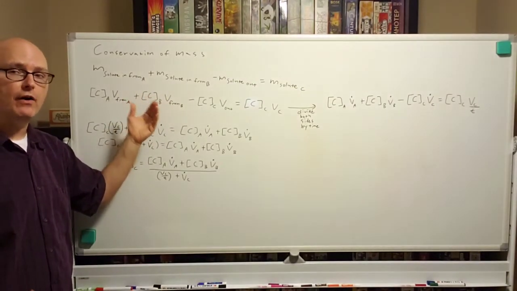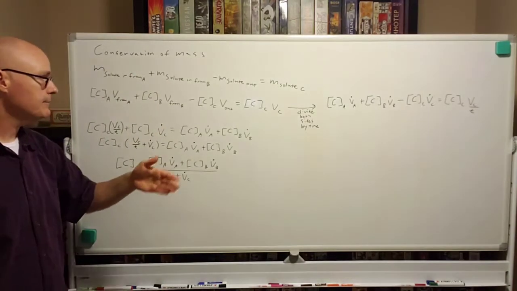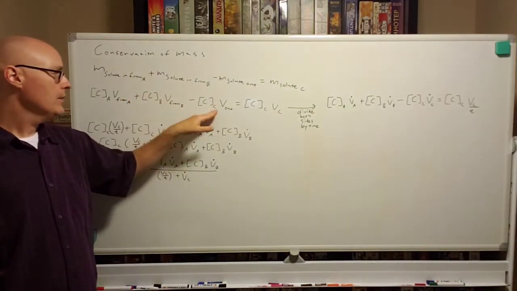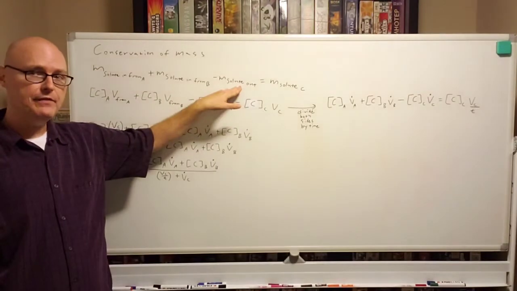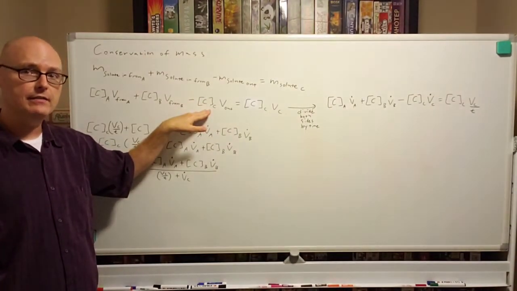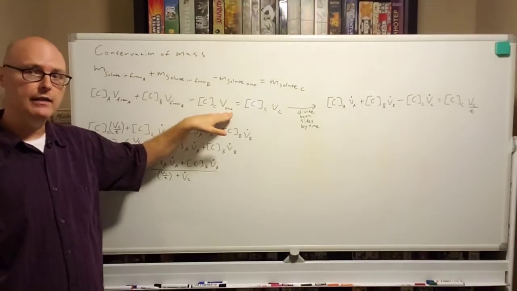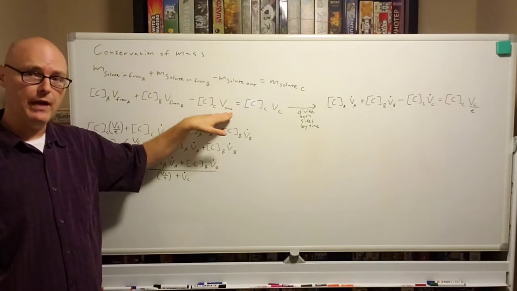This is the amount of volume that flowed from the tank into C. The mass of the solute that left is equal to the concentration of C at equilibrium, multiplied by the volume that flowed out.